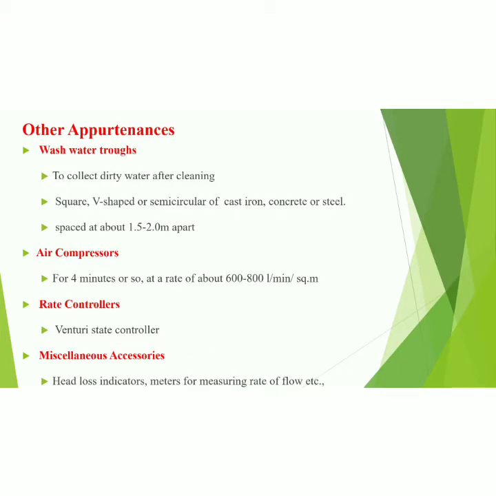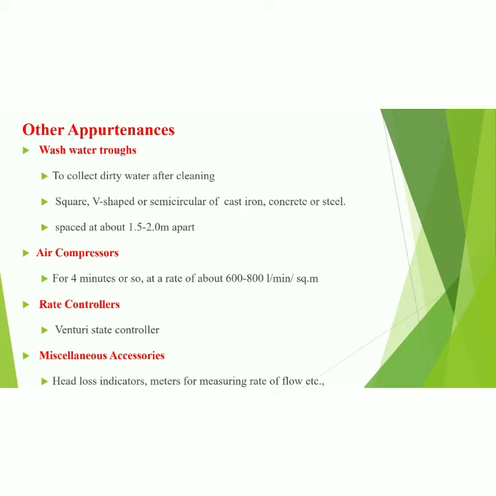Which are the other apparatus required for rapid sand filters? That is wash water troughs to collect dirty water after cleaning. I will show you the video later, and in that video you will understand much better what backwashing actually is. Next, they may be square, V-shaped or semicircular, and of cast iron, concrete or steel, spaced about 1.5 to 2.2 meters apart from one wash water trough to another.